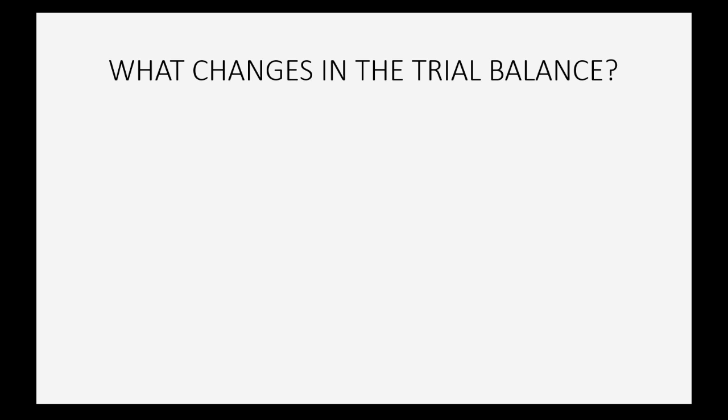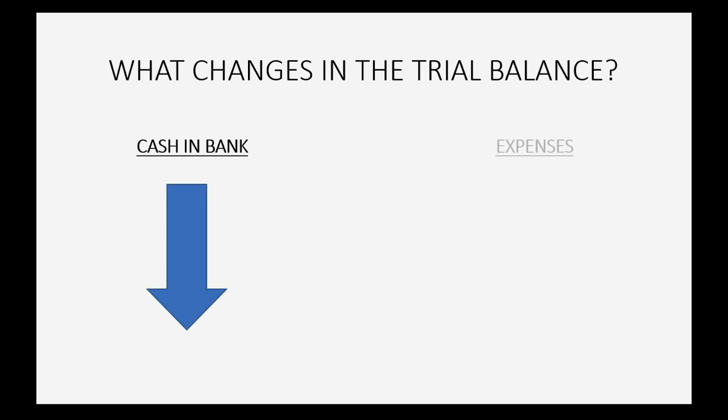So what would change in the trial balance if you paid money for a law firm related expense? Well, the cash in the bank would go down by the amount that you paid. But whatever expense you're paying will increase. QuickBooks Online will document an increase in the expenses if you pay those expenses from your bank account.